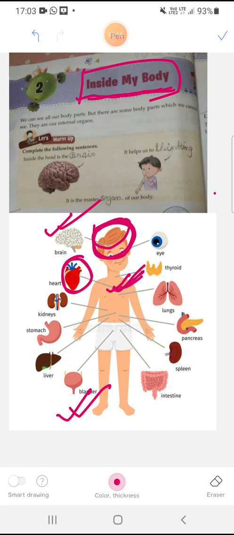Then you see the kidney, which is near about the stomach. The stomach is at the middle part of our body.